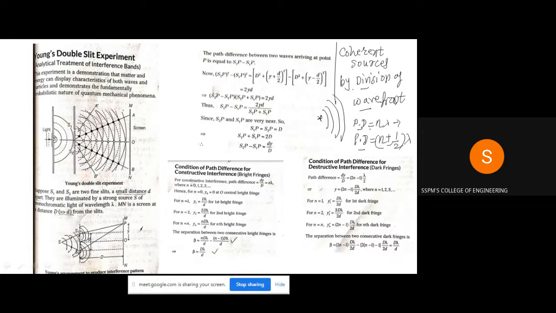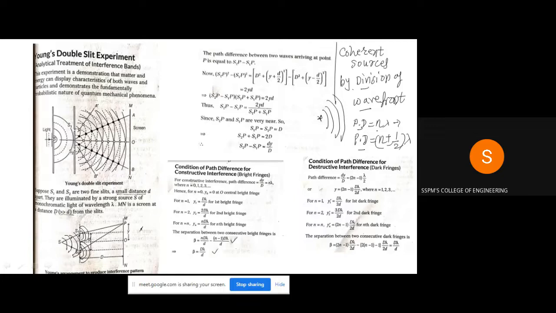Path difference means, whichever two waves are supposed to interfere with each other, the distance traveled by the first ray and the distance traveled by the second ray, the difference between them is called path difference.